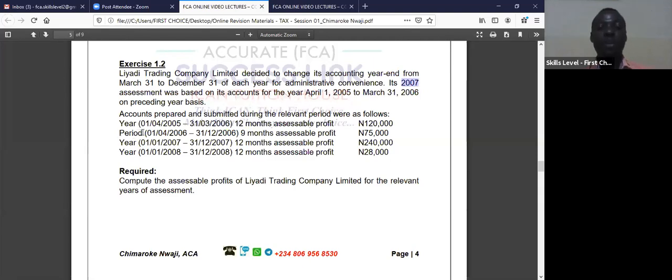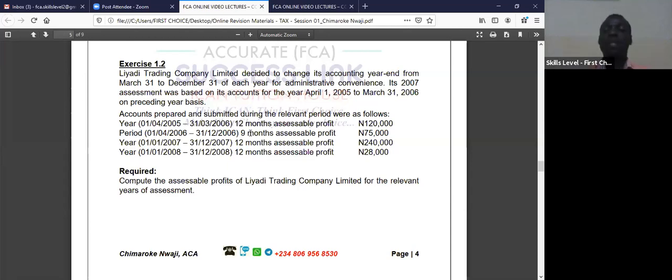You are not saying year, you are saying period. Now this word period is an indicator that a change has happened. So you ask yourself, in which year of assessment did this change occur? This other account is also in 2007. So in 2007, irrespective of the fact that they gave you up to March 31st, which is 12 months, the remaining one from April to December, which is 9 months, they also brought it as 2007 year of assessment.